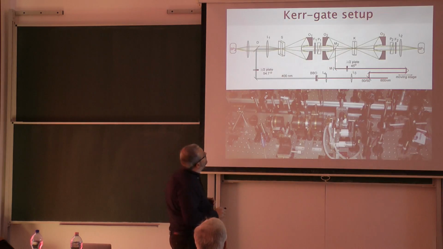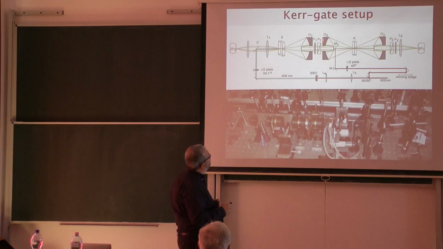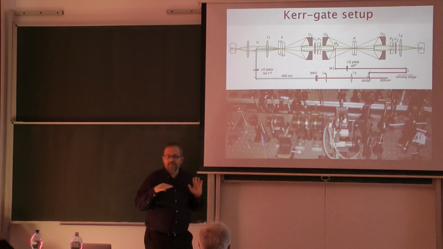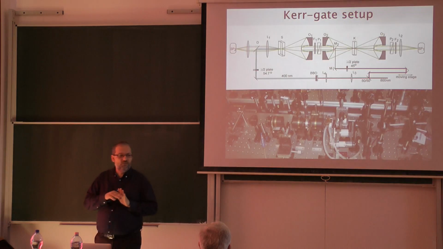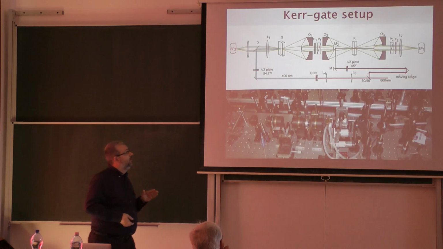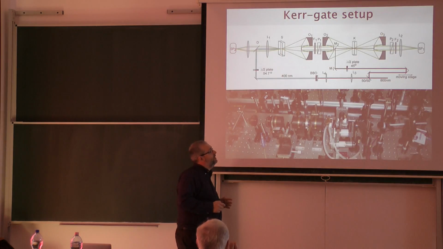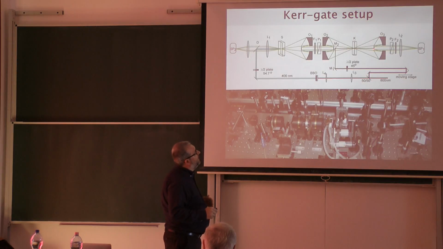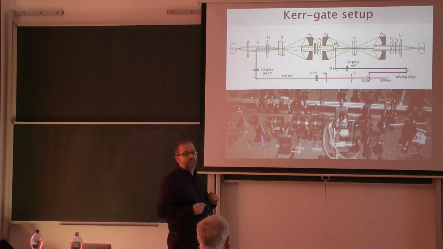Now what happens is that we put a polarizer here, the first one, between the two Cassegrain objectives, and we will put another polarizer later, actually at this point, which is the third Cassegrain objective. And these polarizers are cross-polarized. This means that in a normal case, no light goes through these two polarizers because they are cross-polarized. Now, the fluorescence light will go through only if we do some anisotropy in this so-called Kerr material.